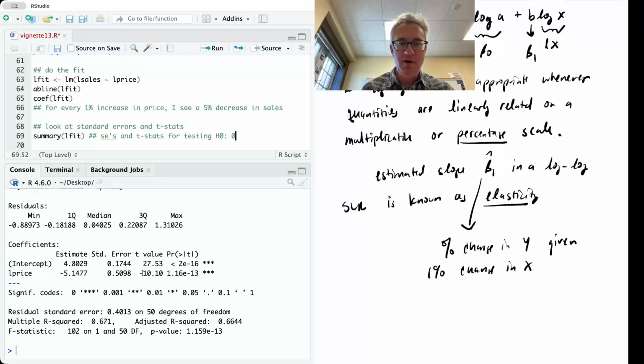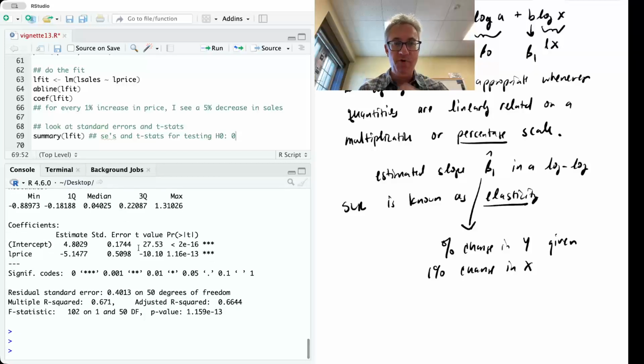So here, a t-statistic for the null hypothesis that beta 1 is equal to 0 is big in absolute value, so the p-value of that test is small. So we know that there's not a 0% relationship with this elasticity between price and sales.